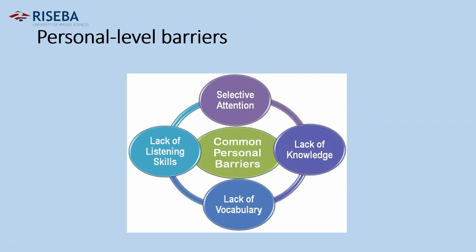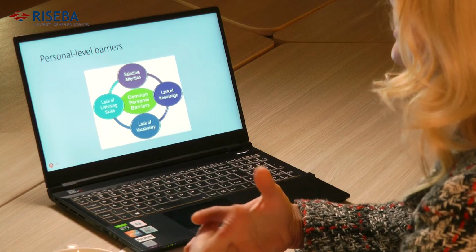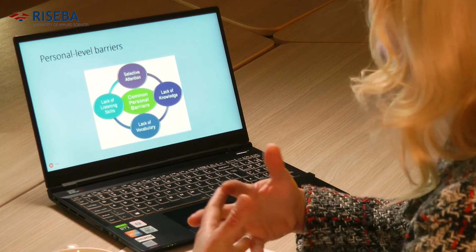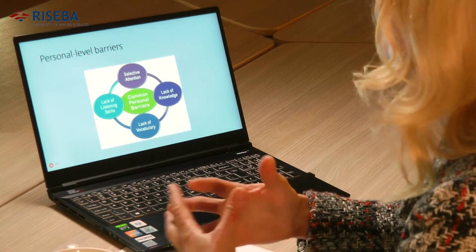We have also personal level barriers, so let's go to an individual or personal level. That means we have certain selective attention. We would like to be clear, open-minded, completely free from prejudices, and we would like to really perceive information as it comes.